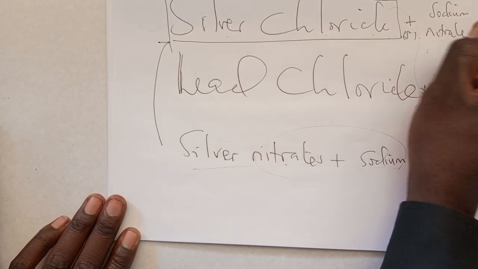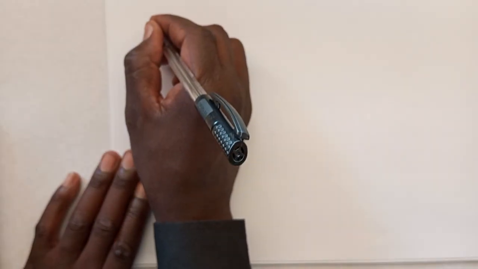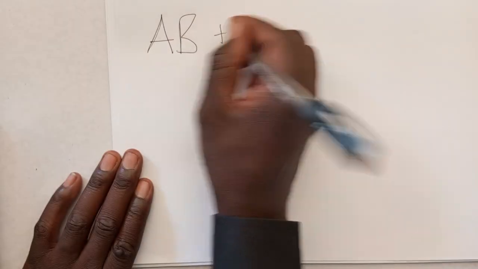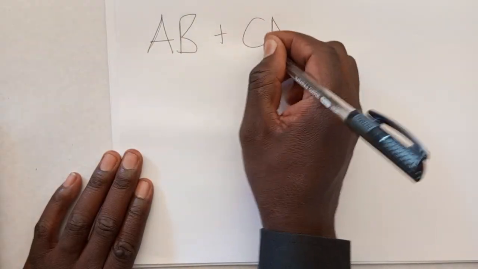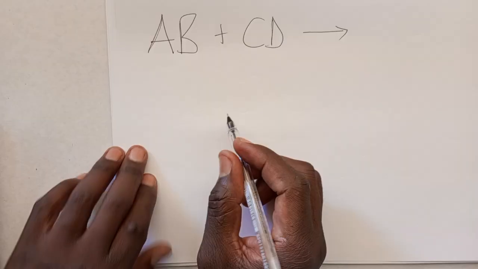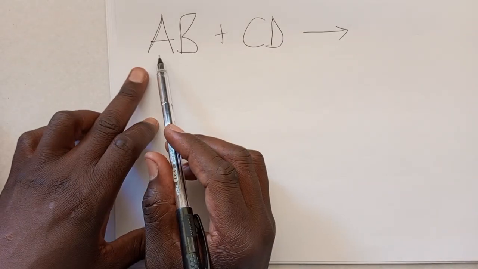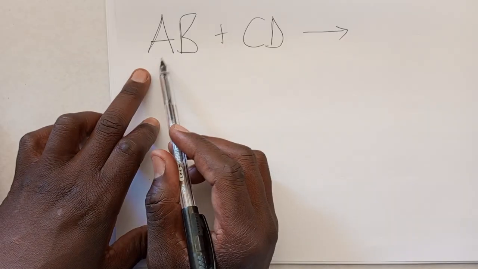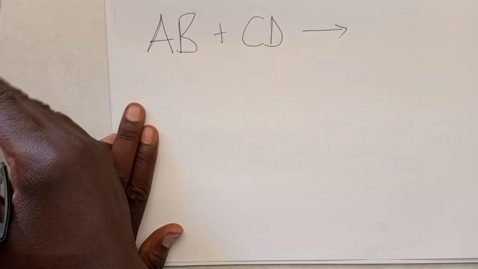So how do you write an equation for this reaction? Whenever you have a double decomposition reaction, what will be the product? One thing you need to understand: I'll consider this side to be the first side.